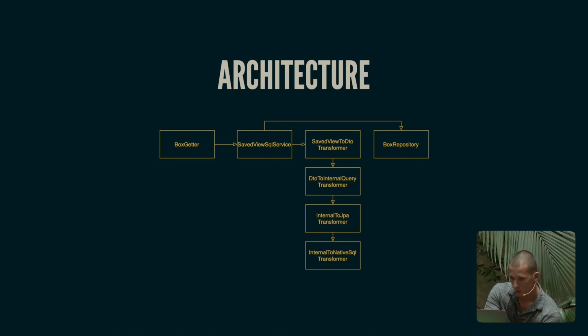Once we retrieve the DTO out of it, we convert it to this internal representation where we are now aware of these properties and the operators and the data types and everything. And once we have that query, we pass it to the JPA transformer. At the very beginning, I just had a native transformer, but we use Hibernate, and it seemed more convenient to have a JPA transformer.